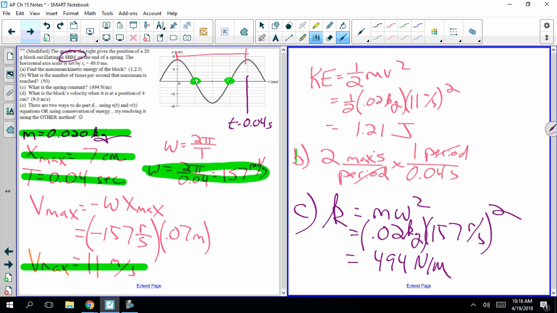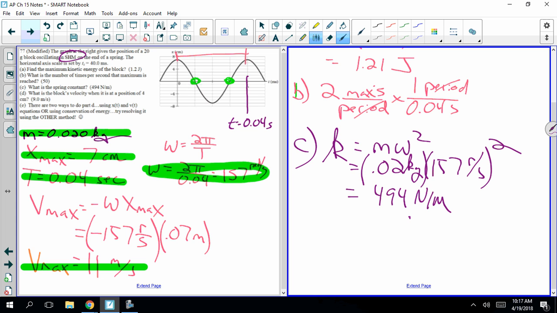Cool? So do me a favor. Let's check what I had said before. Let's find our maximum EPE. What should the maximum elastic potential energy be? 1.21, right? It should be the same as our maximum kinetic energy was. So check.